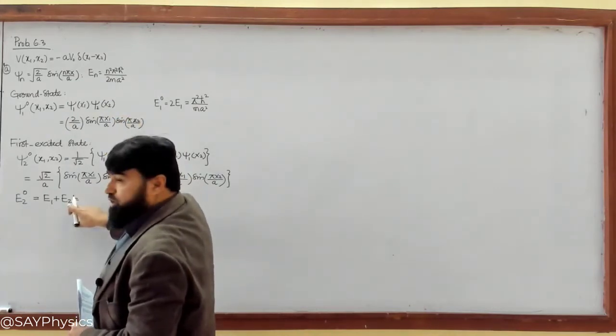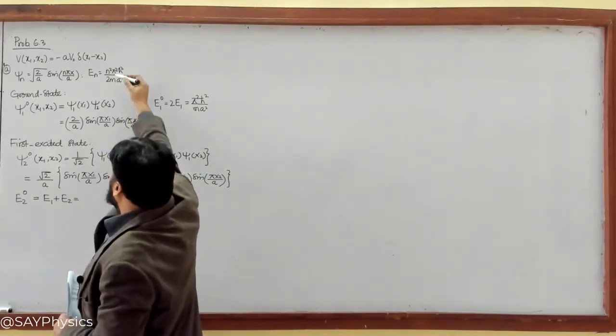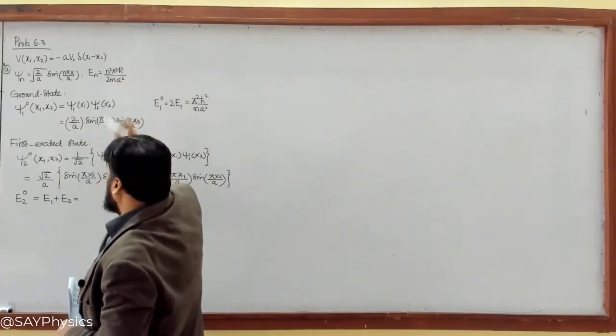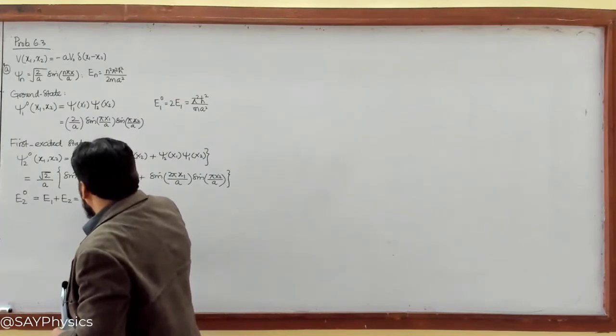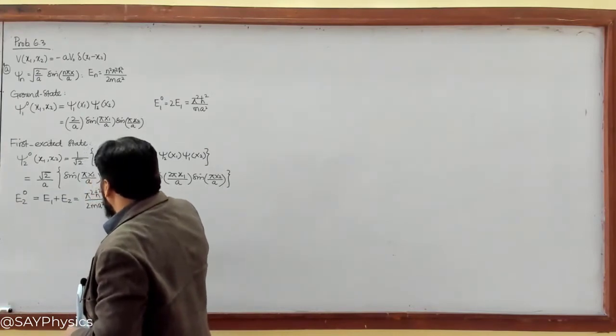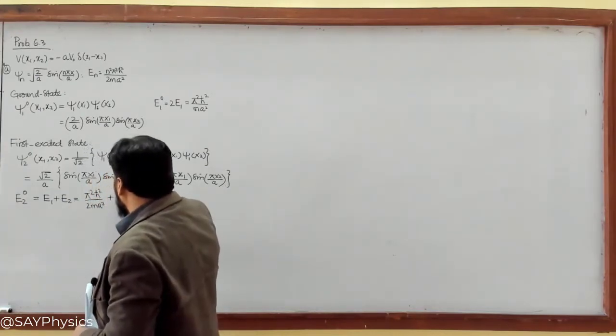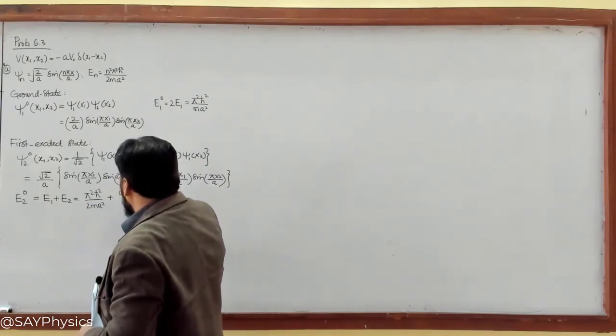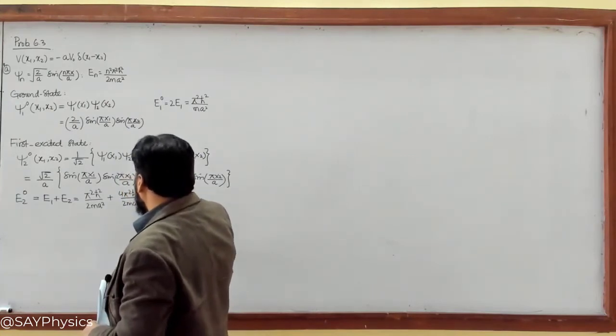When n is 2, it will become 4 pi square h bar square over 2ma square.